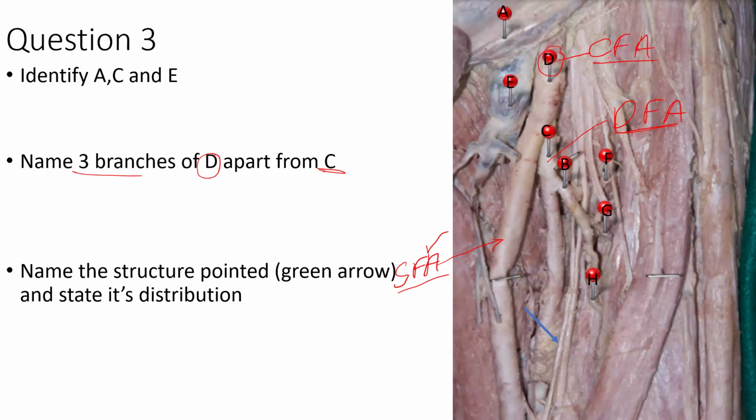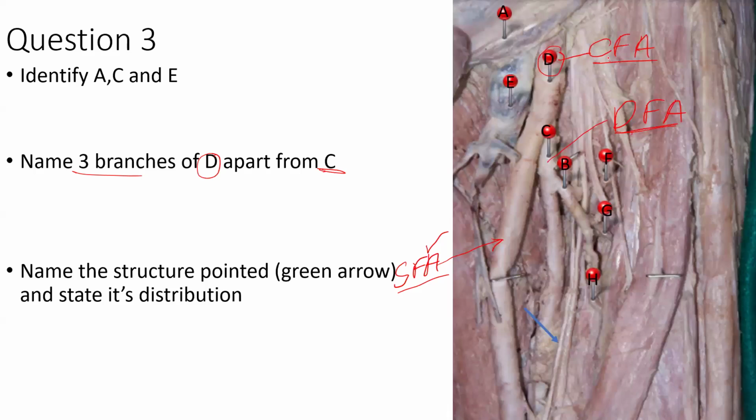I am wondering, does it come from the common femoral artery? So I don't think we have a saphenous artery coming from the common femoral artery there.